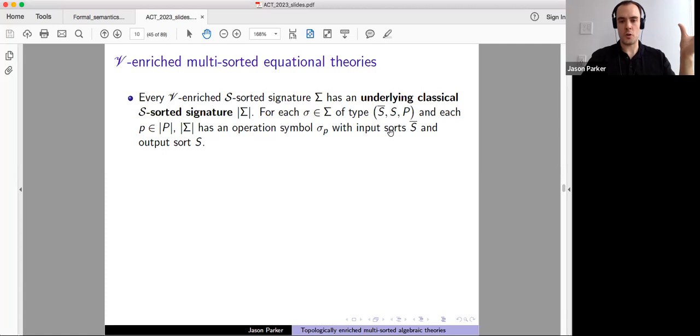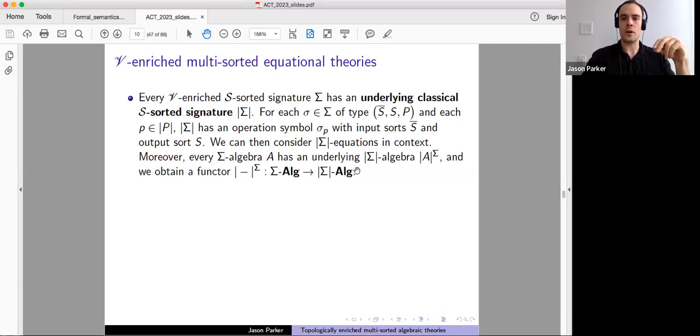So vertical bar sigma consists of exactly these operation symbols sigma sub p for all sigma with parameter P. And then because this is a classical signature, of course, we can consider vertical bar sigma equations in context, or equations over this signature.